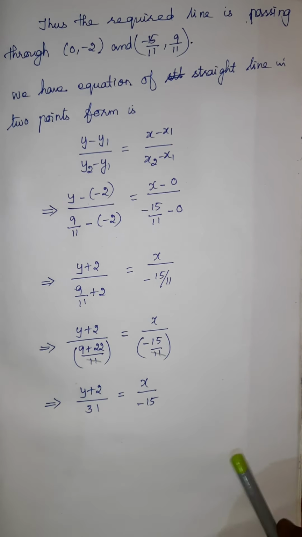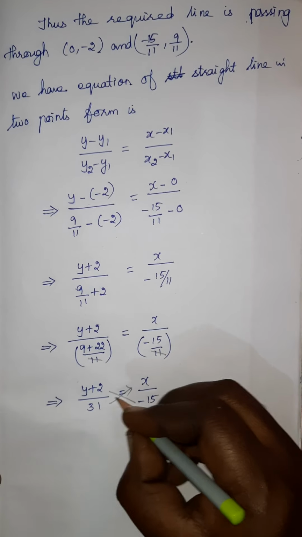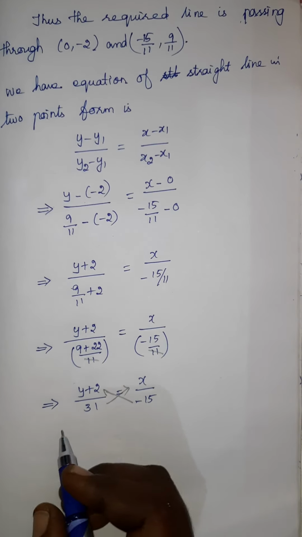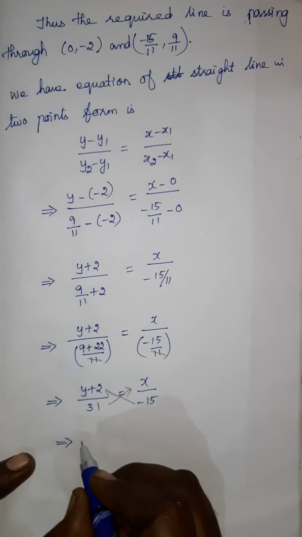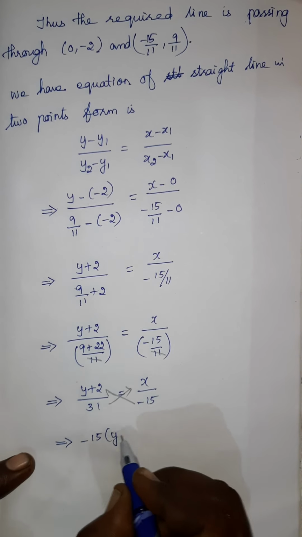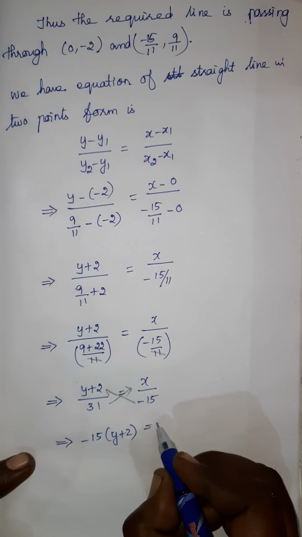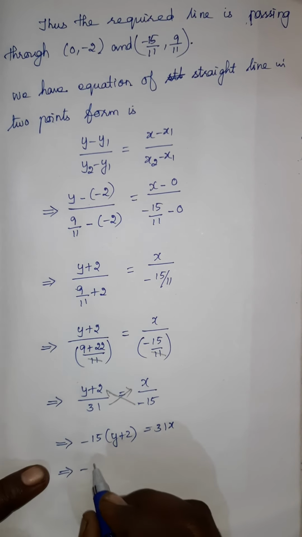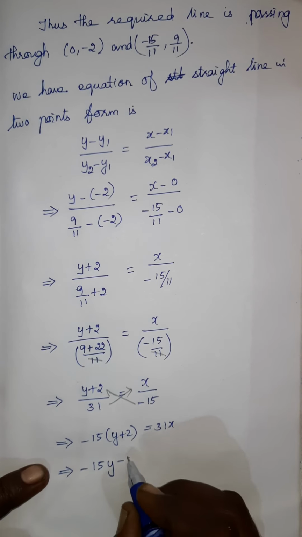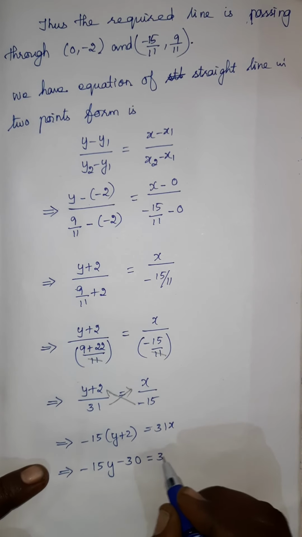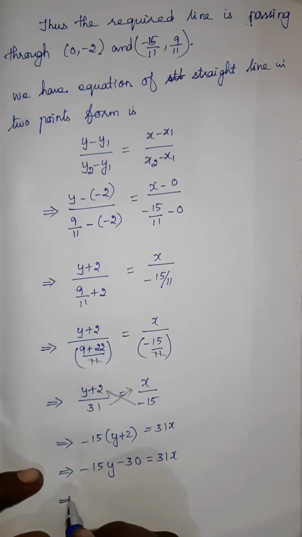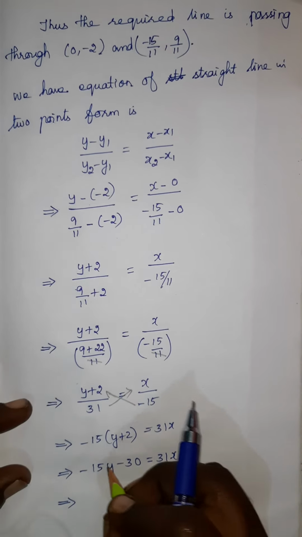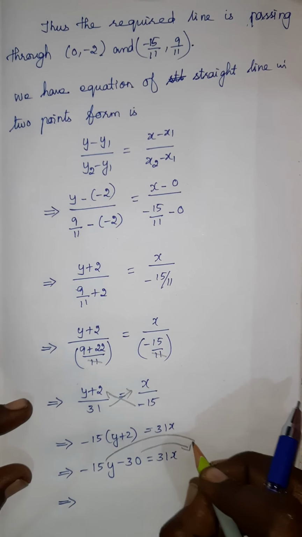Now you cross multiply. So we will get minus 15 into y plus 2 equal to 31x. Now simplify this. Minus 15y minus 30 equal to 31x. The standard form is x term, y term and constant term. So transpose both these terms to this side.